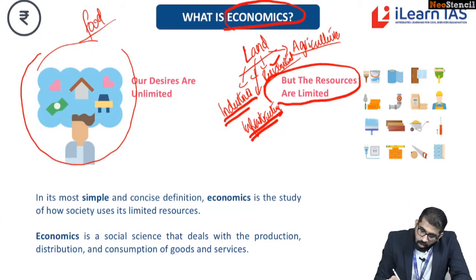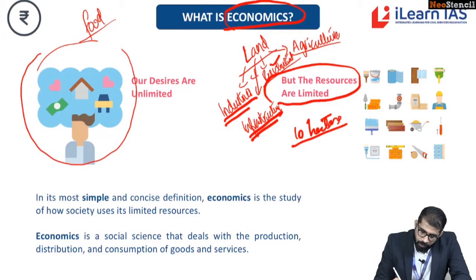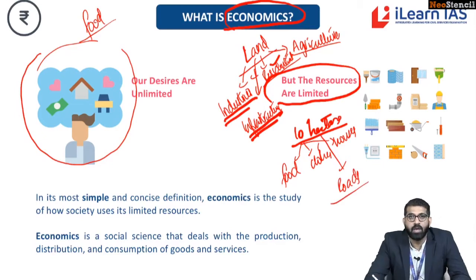So suppose we have 10 hectares of land. Okay. Now we need food, we need clothes, we need houses, right? We need roads, etc. Now, how do we allocate the land for different uses or for different purposes?